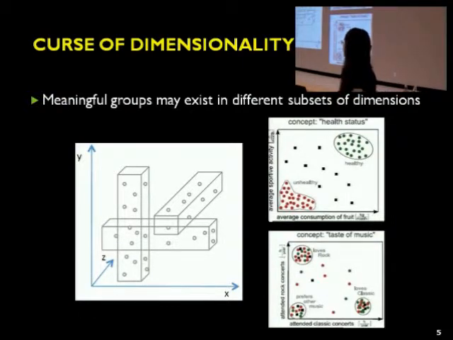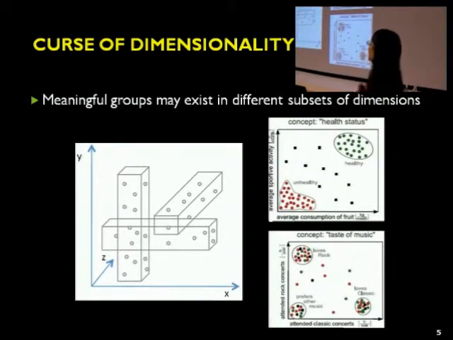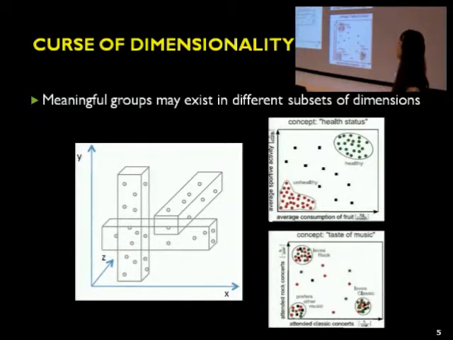Suppose you have a large database of people recording different attributes of individuals, ranging from their eating habit to their sportive activity to their music preference and so on. So actually these attributes will be based on different concepts. And when you have different analysis tasks that are related to different concepts, some of these attributes will be irrelevant, and only a subset of these attributes will be relevant to your analysis task.